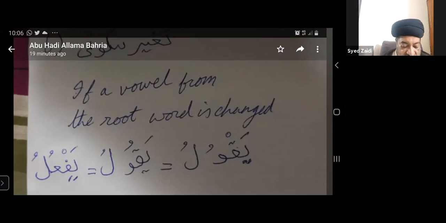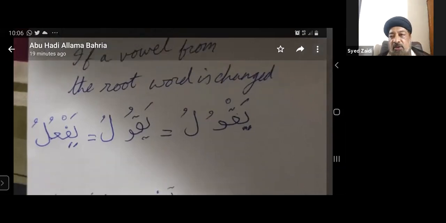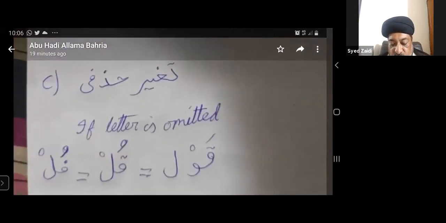And the last of the four examples that we're giving is taghyir hazfi. Hazf is omission, deletion, taking something out, removing something. Now, if a letter is taken out from the word, then it must be done also on the word scale.